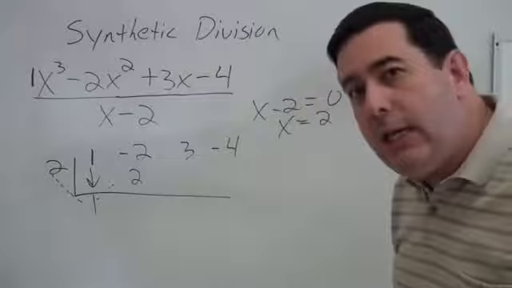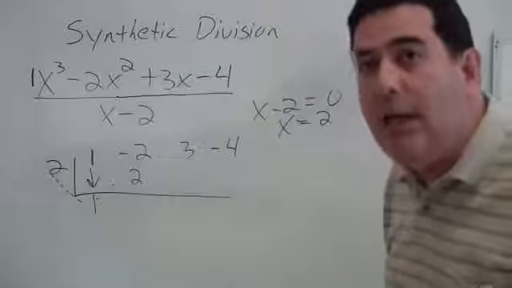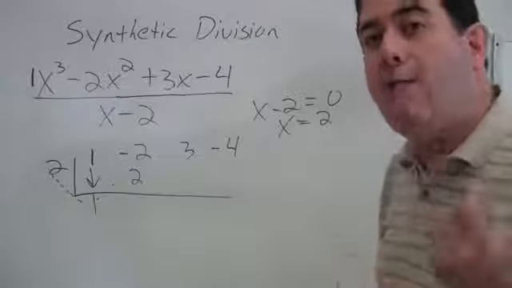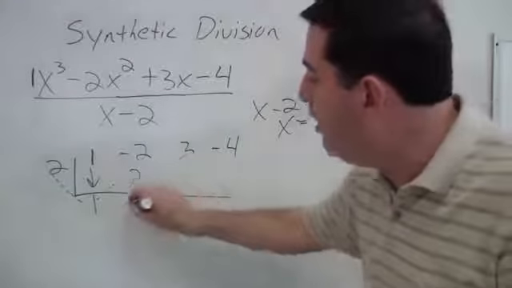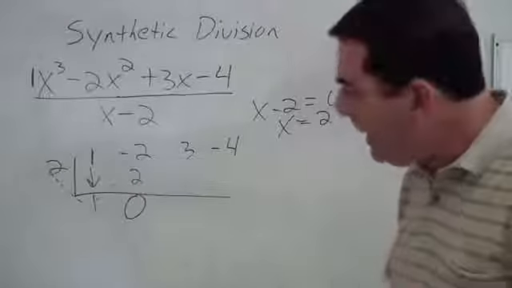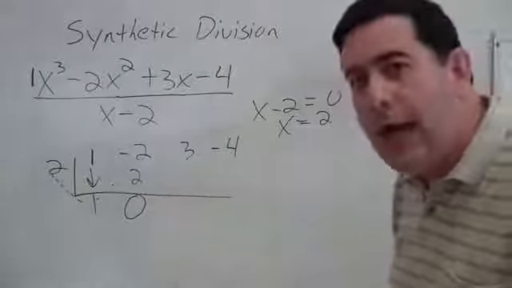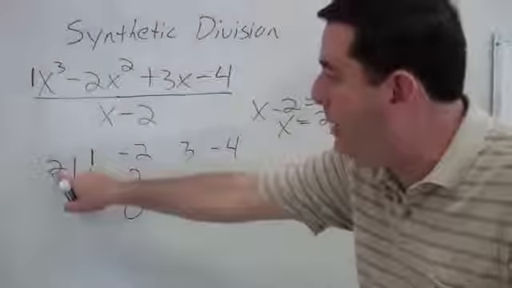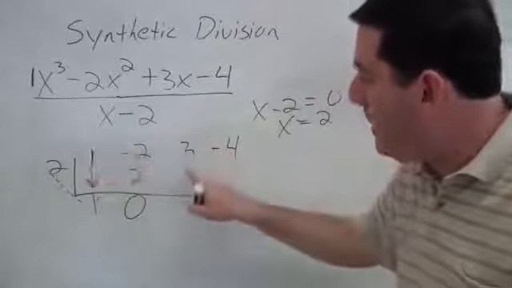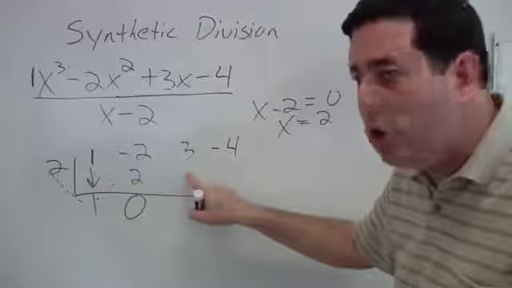When we've completed that multiplication diagonally, now let's add vertically. Straight up and down, negative 2 plus 2 made 0. Anytime that you get a number below the line, what you do with that number is then take it and multiply with what's out front to determine the next slot in your division box.